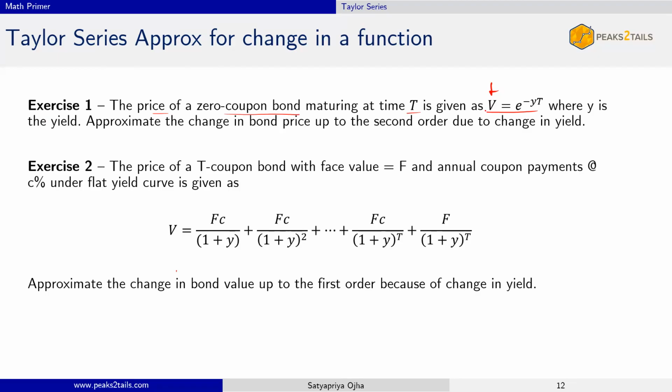We'll consider that capital T is fixed. Y is the yield, right? Approximate the change in bond price up to the second order due to change in yield. So yield is changing, single input. What is the approximate change in bond price? And you want to approximate that till the second order.